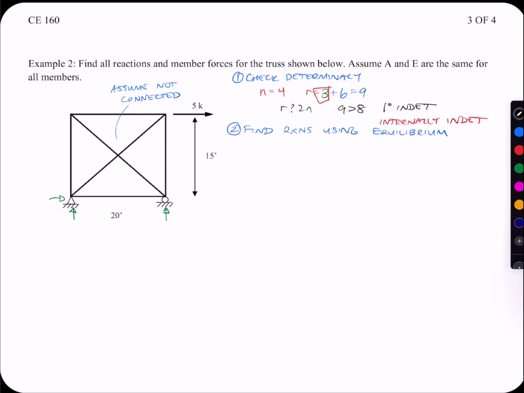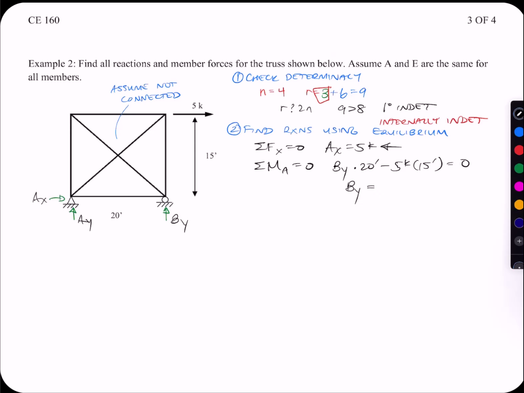So I can sum my forces in X. Let's call these AX, AY, BY. AX is 5 kips to the left. So my moments about A: BY times 20 feet minus 5 kips times 15 feet.